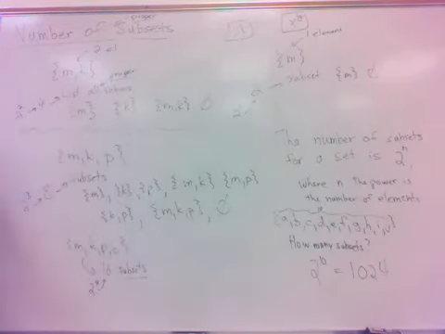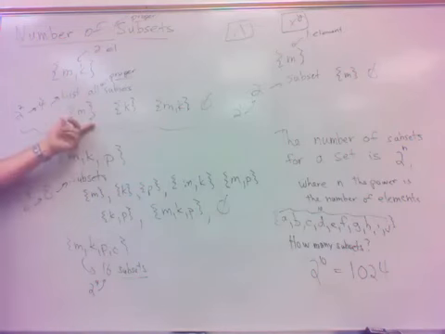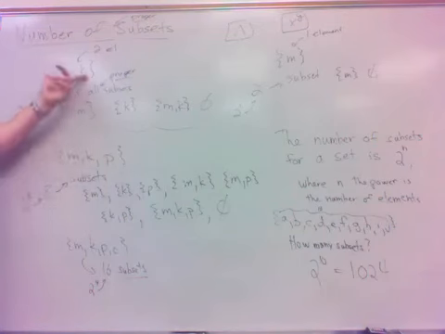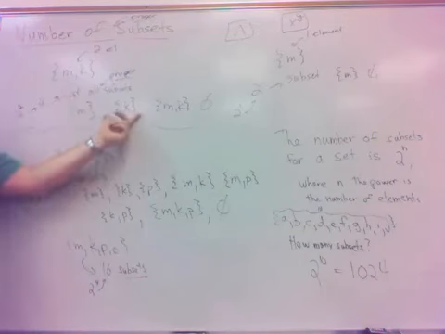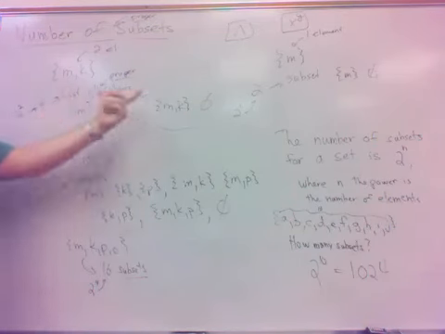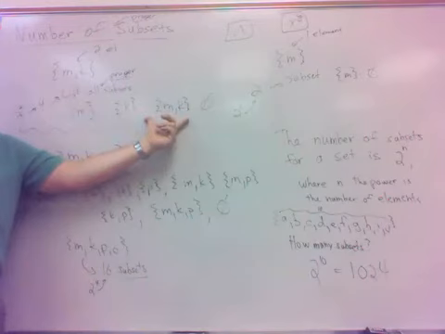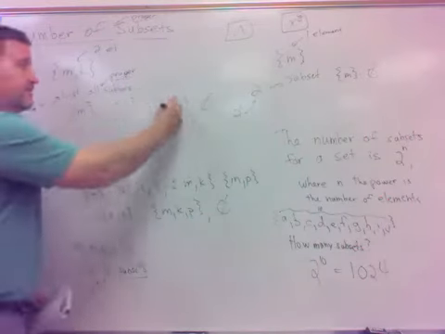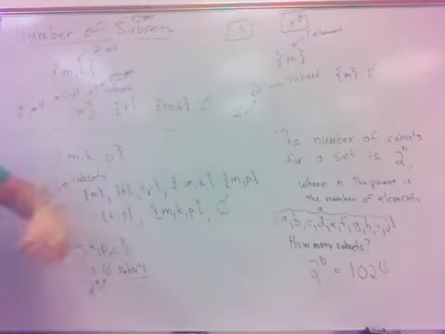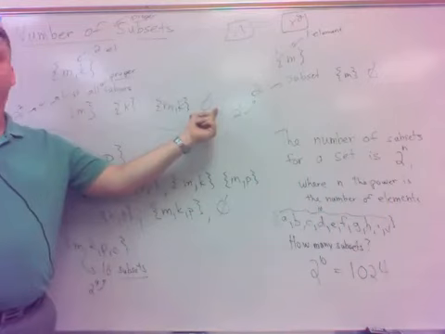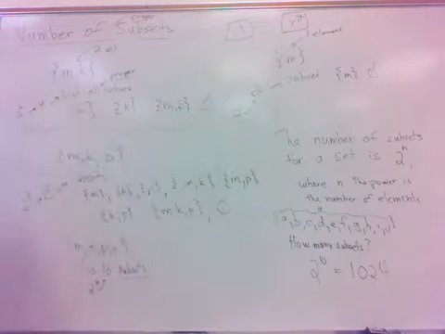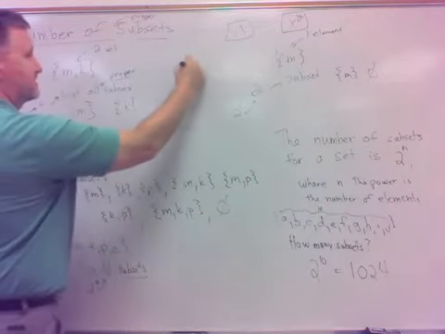Remembering what's the deal in proper subset? To be a proper subset, it has to be a subset but smaller. So is this a proper subset? Yeah, it's a subset and it's smaller. Is this a proper subset? Yes, because it's smaller. Is this a proper subset? No, because it's not smaller. Is this a proper subset? Yes. So there's 3 proper subsets in this case.